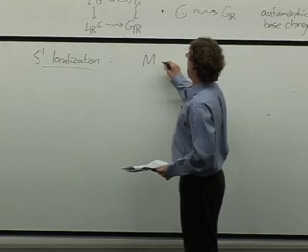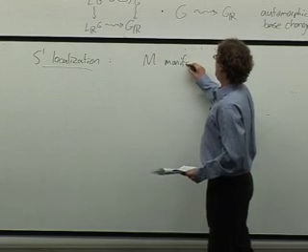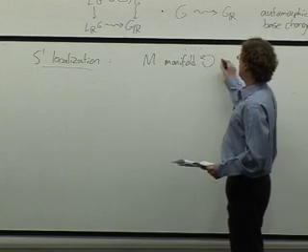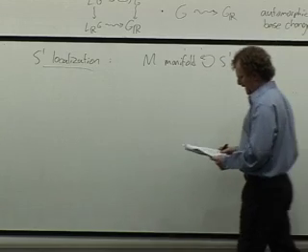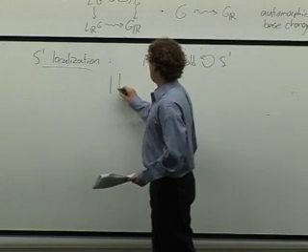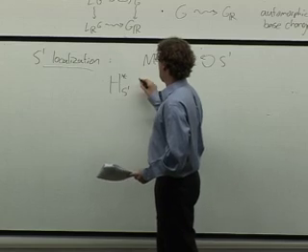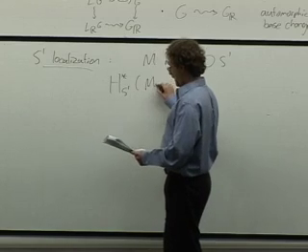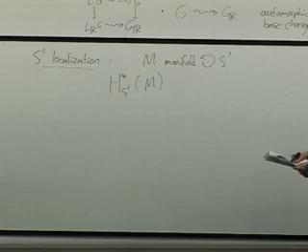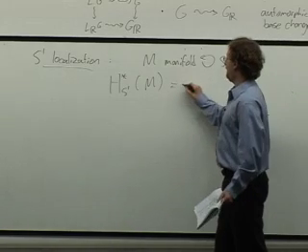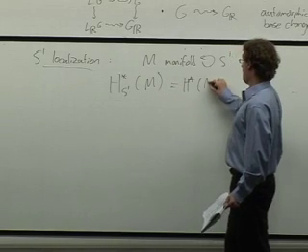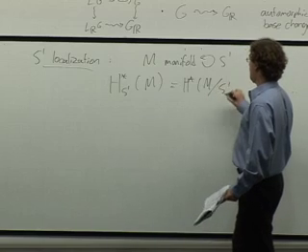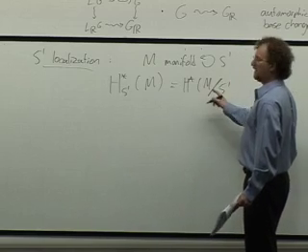If M is a manifold with a circle action, then I have the S1 equivariant cohomology of M, which means I take cohomology of M and quotient out by S1 in a smart way.